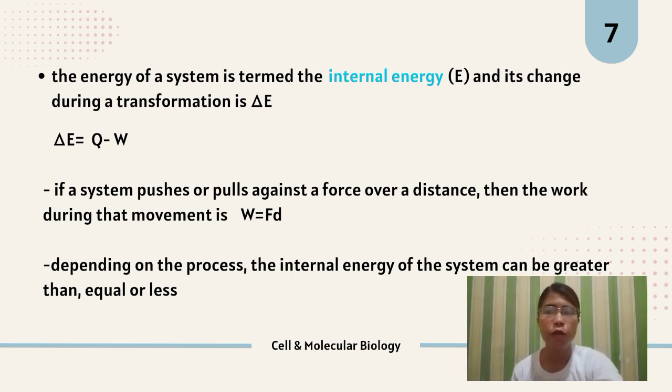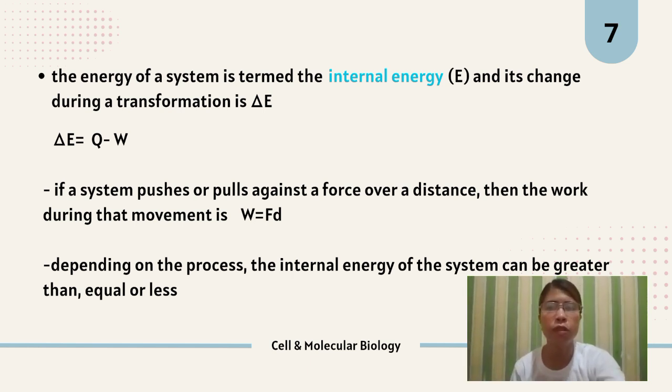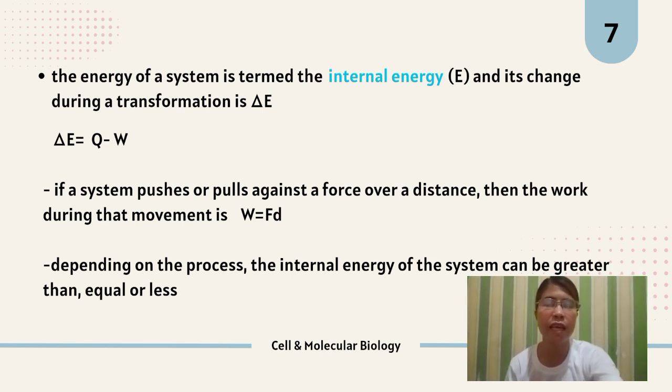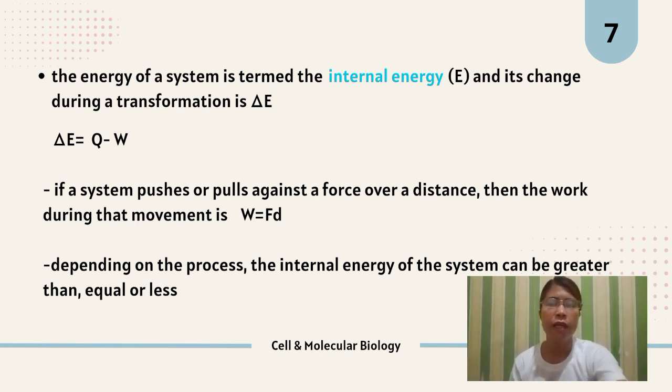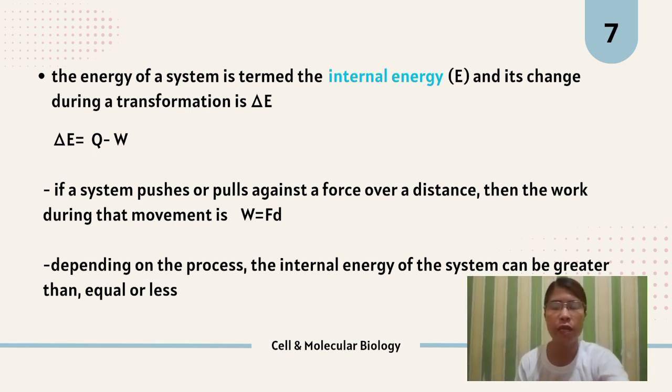So, example dyan, if a system pushes or pulls a force over a distance, then the work during that movement is W, or work is equal to force multiplied by the displacement.